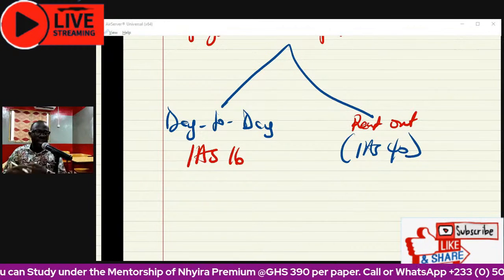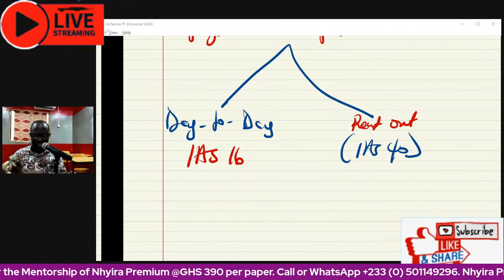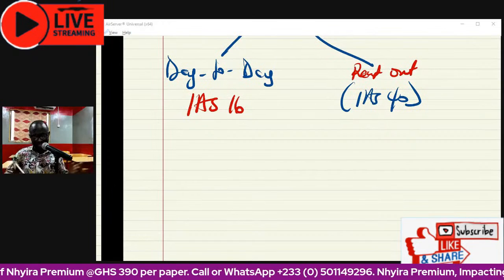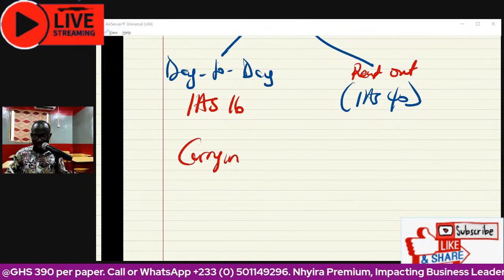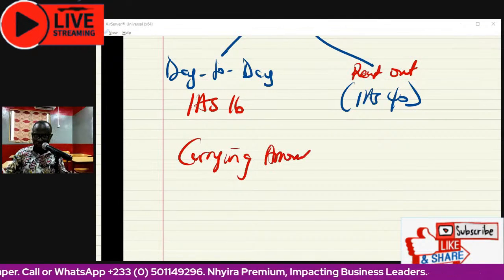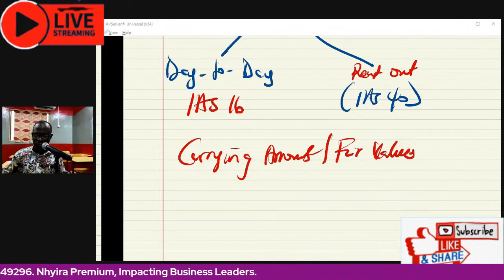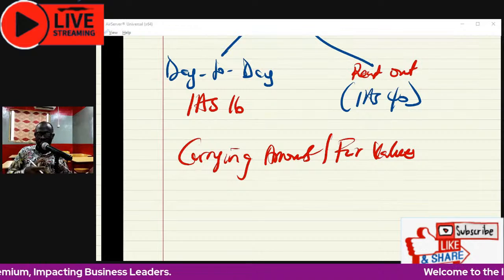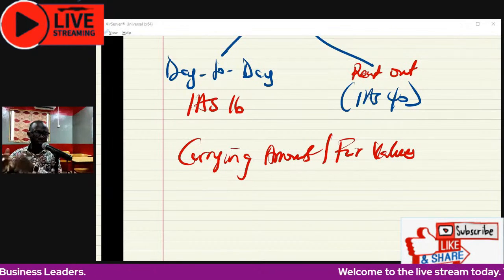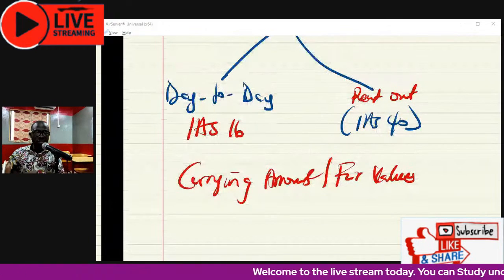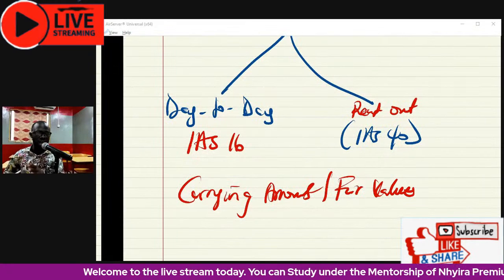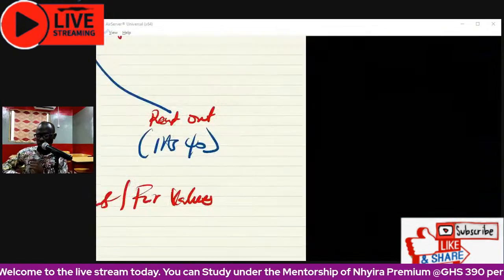So you realize that when the entity buys the asset, it will be carrying the asset either at its carrying amount or at its fair value. For that reason, we would have to find out what the tax implication of these assets is. And I'll come back to this in a moment.